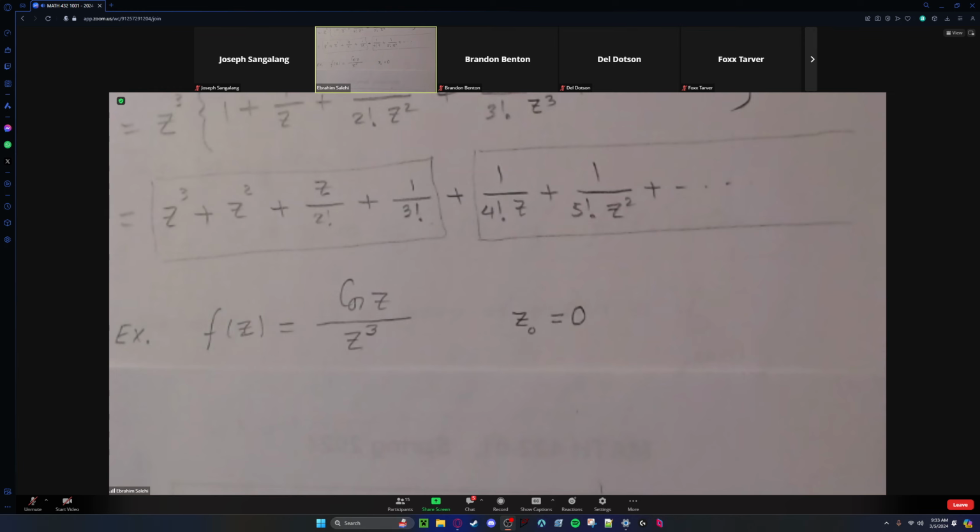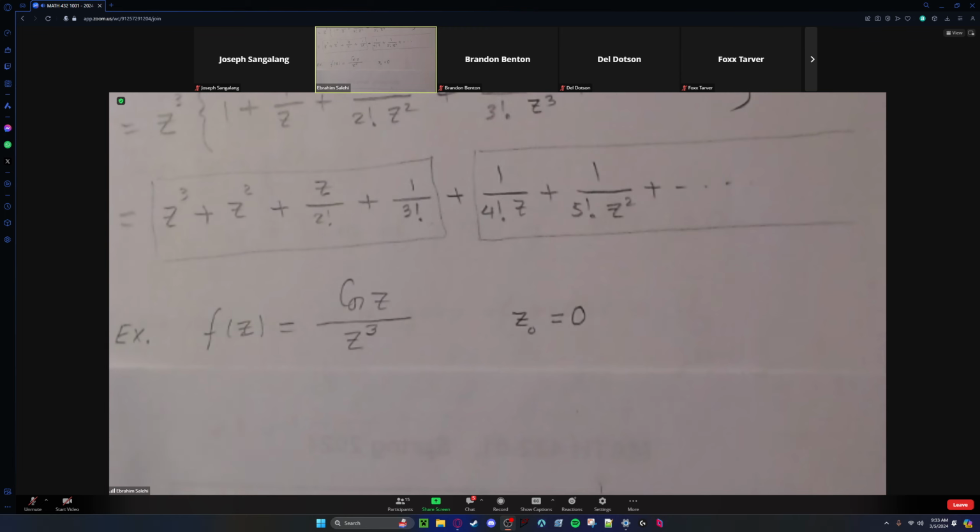Can we use one of those classifications? Is it removable? Is it a pole? And if it is a pole, what is its order? Or maybe it is an essential singularity.